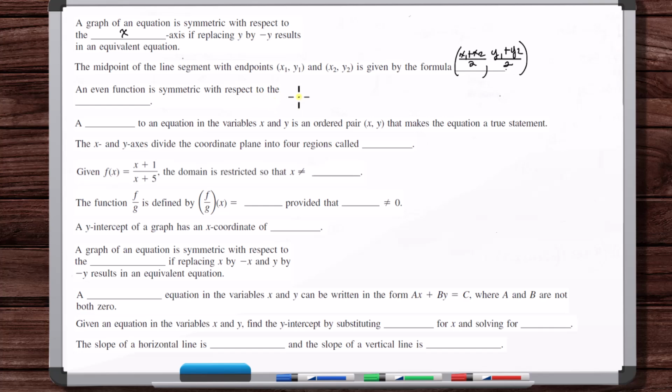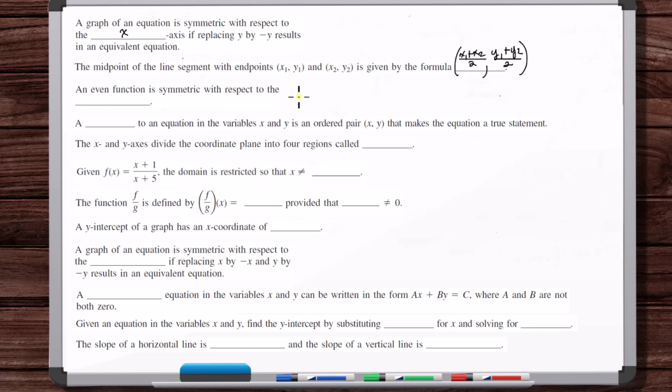Well, okay, remember, there's only 3 forms of symmetry. At least we're just talking about in 2D, and then we're talking about the Cartesian coordinate system as well. Symmetric with respect to the y-axis, symmetric with respect to the x-axis, and symmetric with respect to the origin.